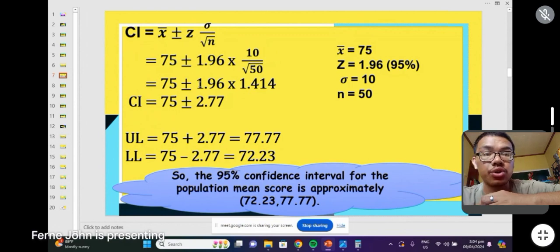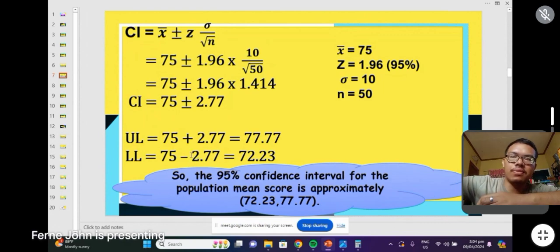For us to identify the confidence limits of the confidence interval, we will find first the upper limit. In finding the upper limit, all you need to do is to add 75 and 2.77, and the answer is 77.77.